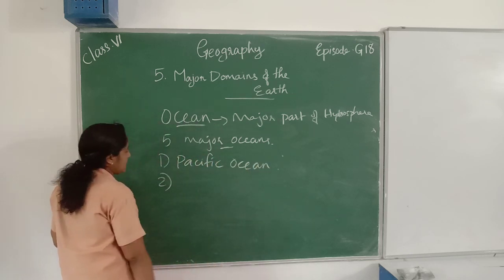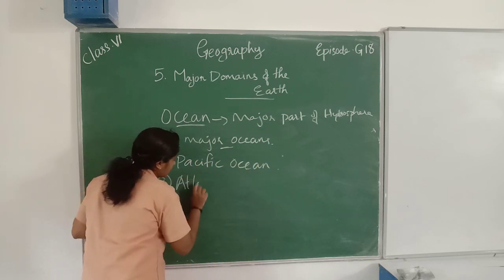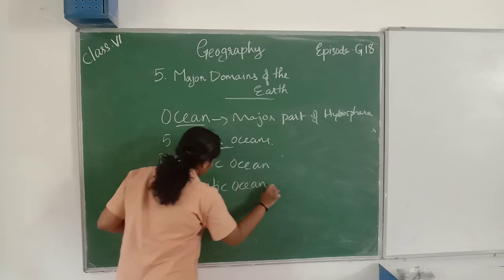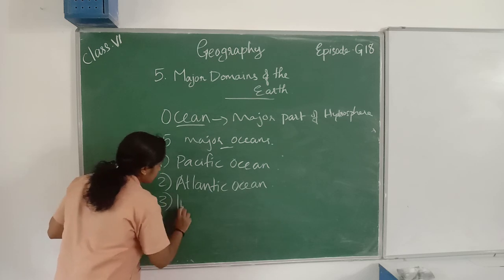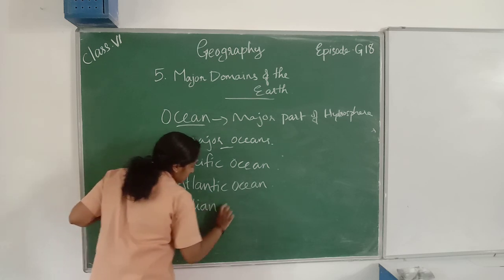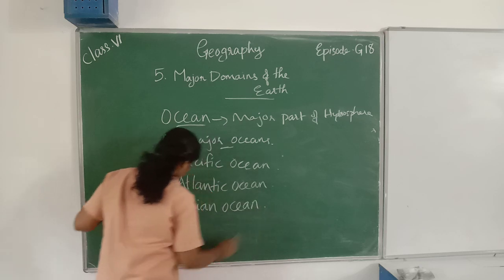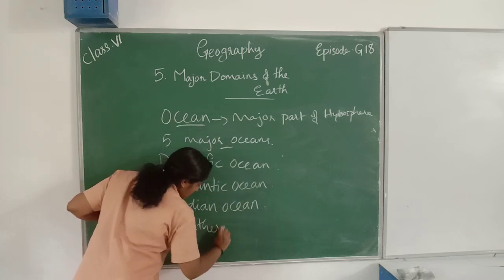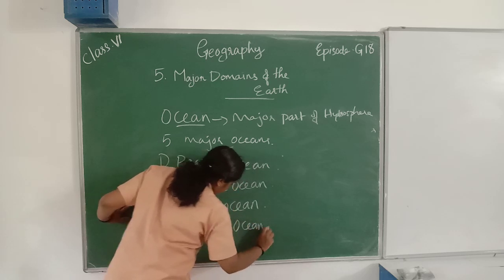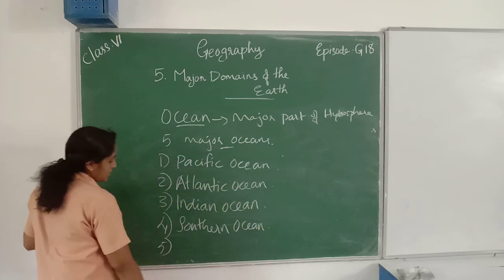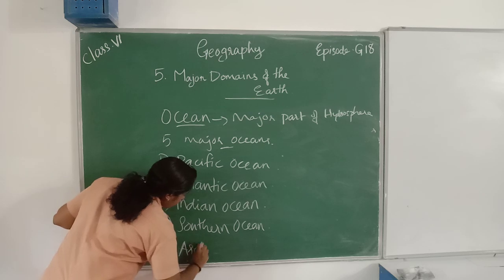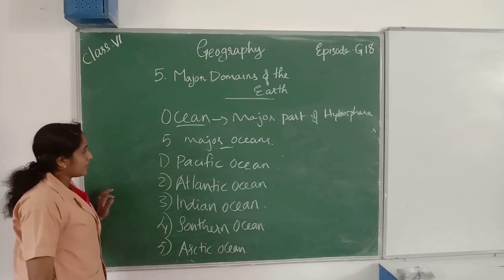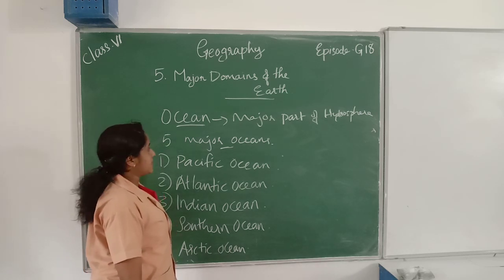The second is the Atlantic Ocean, and the third one is the Indian Ocean. The fourth is the Southern Ocean, and the fifth is the Arctic Ocean. So these are the 5 major oceans.